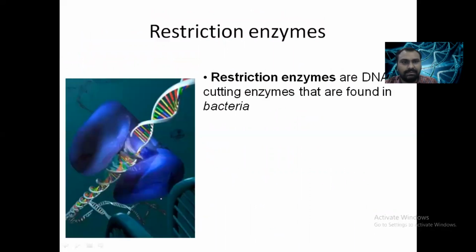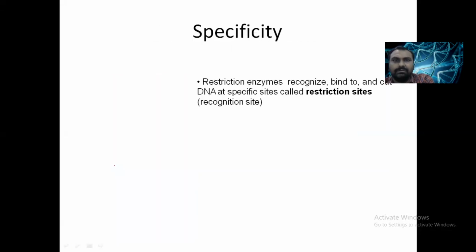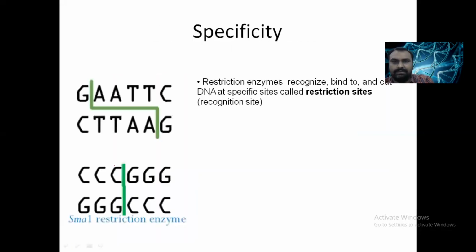So they will cut the DNA. Here you can see this is a restriction endonuclease. It will cut the DNA at the specific sequence. The restriction enzyme recognizes, binds and cuts the DNA at specific sites. So suppose this is a GAATTC sequence, if it cuts double-stranded DNA like this, then it will produce sticky ends.